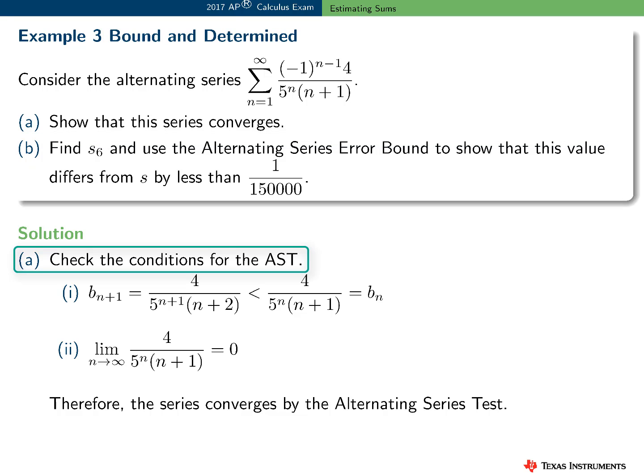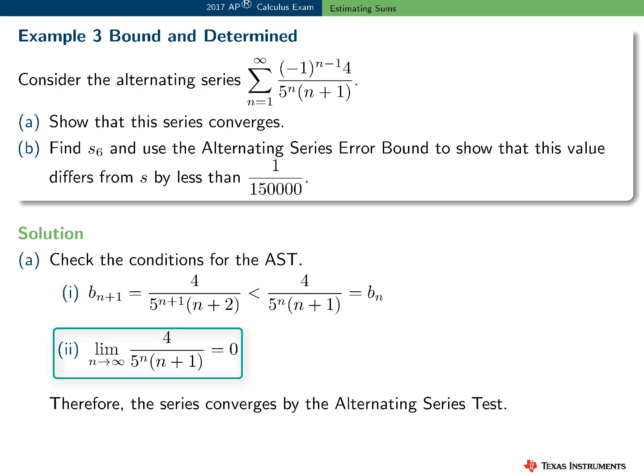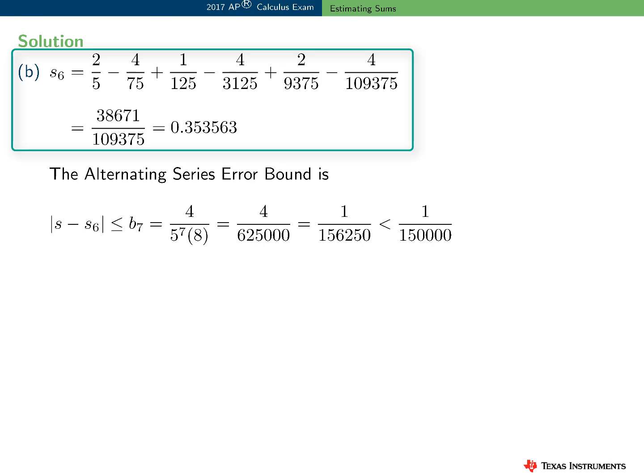Let's check the conditions for the alternating series test. The positive terms are in fact decreasing. The denominator for b sub n plus 1 is greater than the denominator for b sub n. And the limit as n goes to infinity of b sub n is 0. Therefore, the series converges by the AST. S sub 6, the sixth partial sum, is found by adding the first 6 terms of the series.